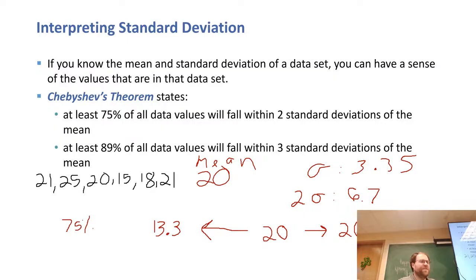Are there any that aren't? They all are, right? So you can have more than 75%, but you're going to have at least that percent of values that fall within that range, within 2 standard deviations.